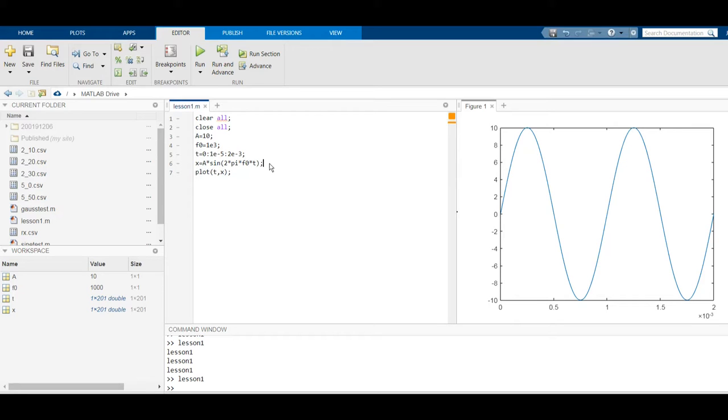The command that helps you to do that is subplot, and I am saying that I want to have 3 rows, 1 column, and the third argument says where I am putting the current plot. I want to plot it as the first graph.